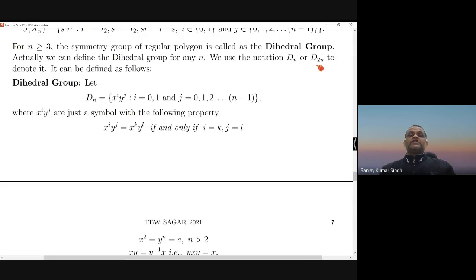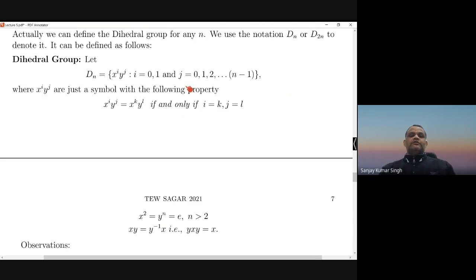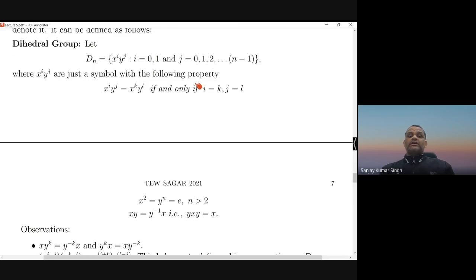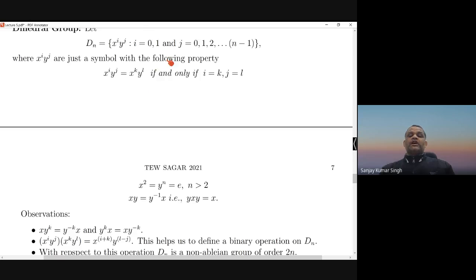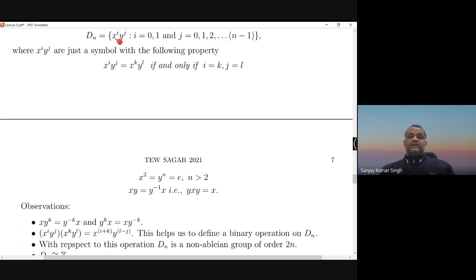They use both notations. So in my lectures I will use Dn, and I can define Dn as just the symbols x^i y^j, such that i varies over 0, 1 and j varies over 0, 1 to n minus 1. And how do we define the product? To define the product, we need some more properties of these symbols.